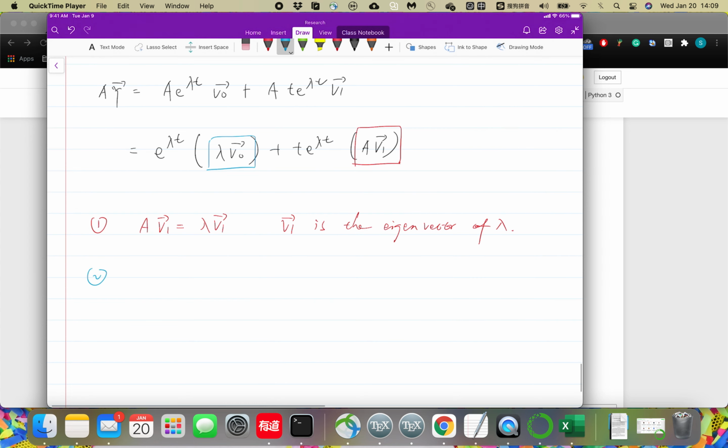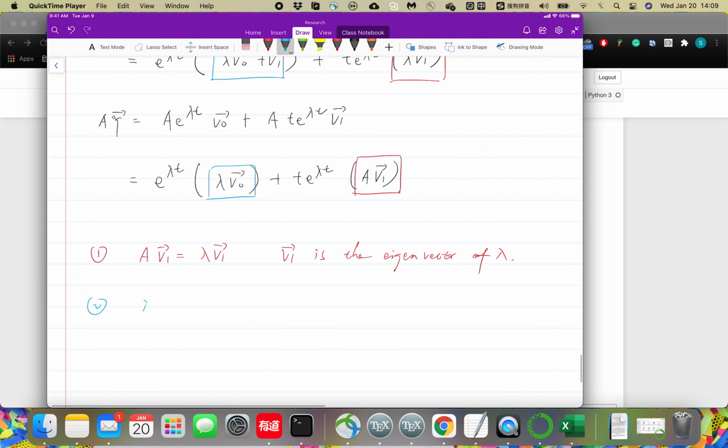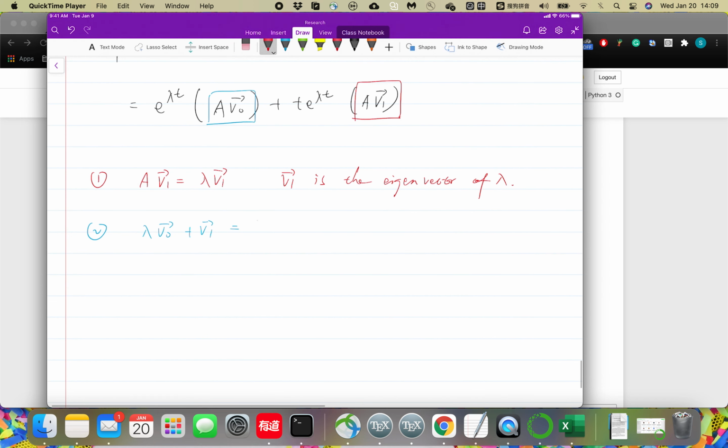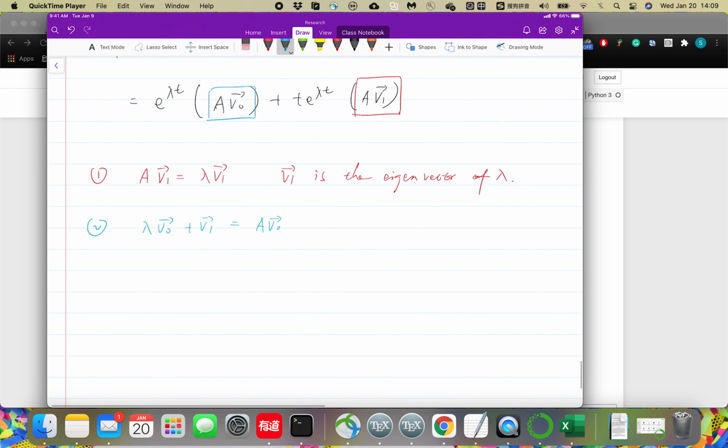For the second, we have lambda v0 plus v1 equals A v0. Now, how do we get v1? We get it from the eigenvector. Our job now is to try to get v0, assuming we already know v1 from step 1.